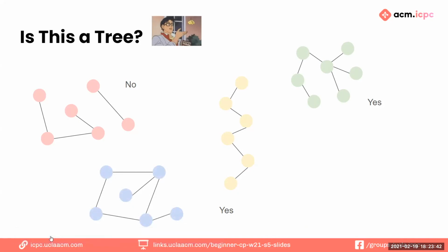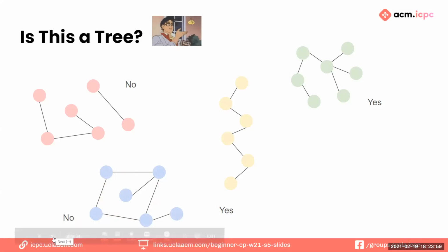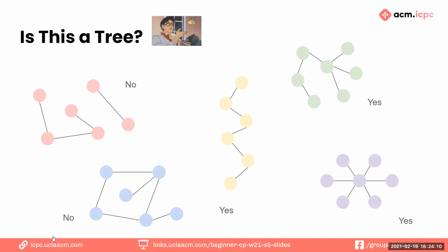This is, I'll give you guys a few seconds, not a tree because though it's connected, there's a cycle. So you could go from here to here to here to here, all the way back. So that's a cycle. Trees are acyclic, so this is not a tree. And this last graph right here is connected, doesn't contain any cycles. It's also a tree.